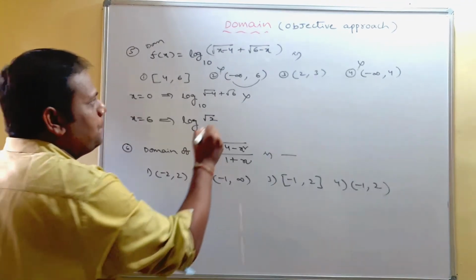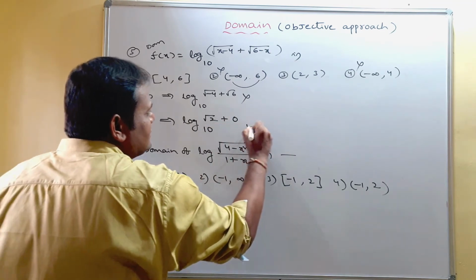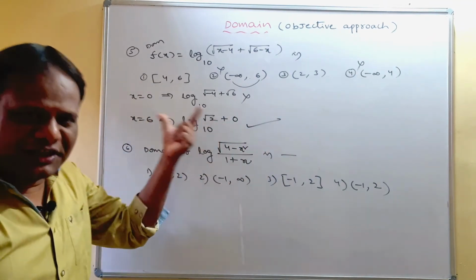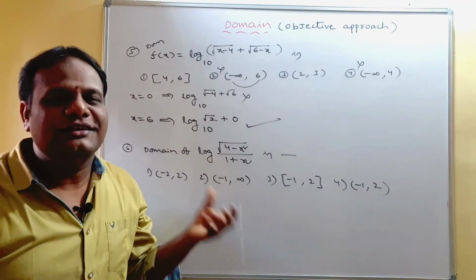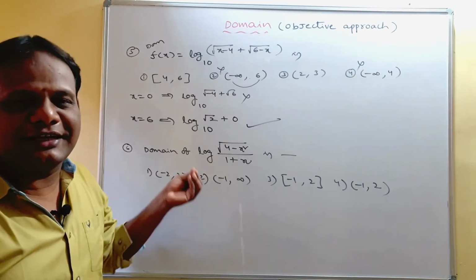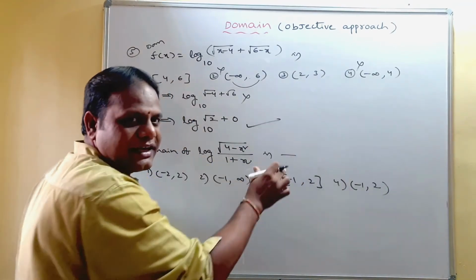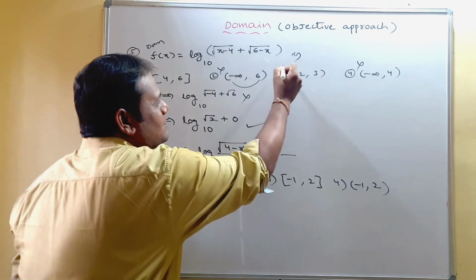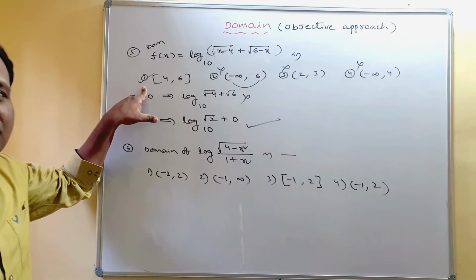Root 2 plus root 6 minus 6, that is 0, base 10. Is it correct? Yes, it is defined value. So can we go with x equal to 6? Yes, we should take x equal to 6 in domain. But in this, is 6 there? No. So third option is wrong. So what is correct option? That is first option. Is it?